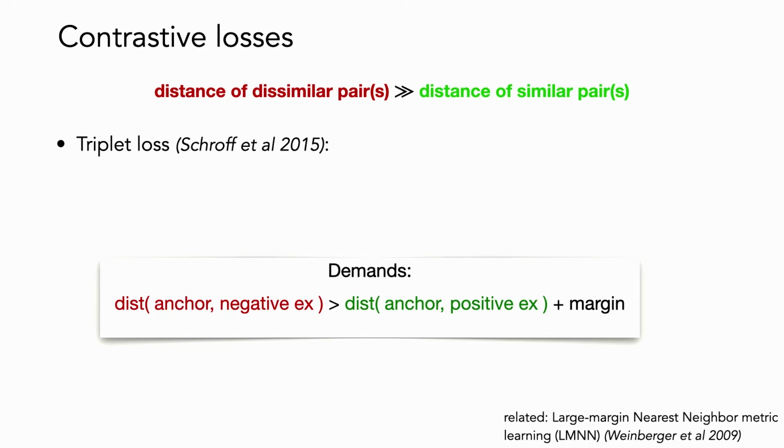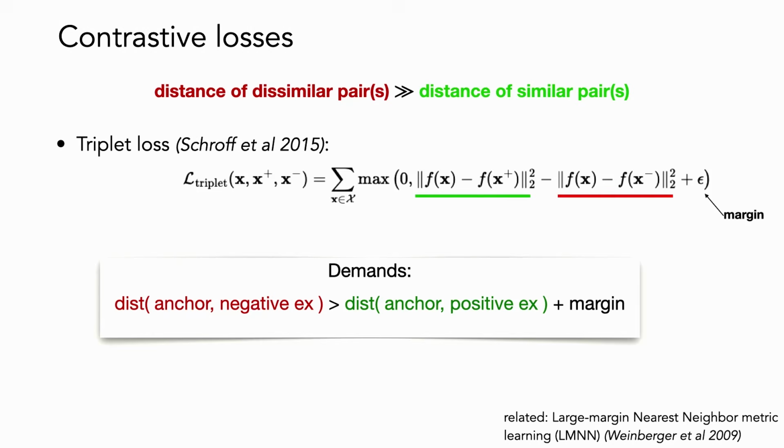Now, you enforce that the distance between the anchor and the negative example has to be bigger than the distance between the anchor and the positive example plus some margin. Again, this enforced margin. And so what this actually looks like in practice is you're explicitly enforcing that you want to have some loss that penalizes you if that condition is not met.